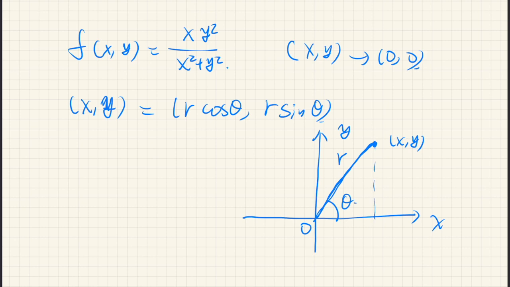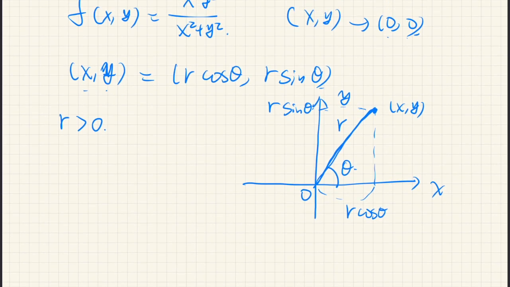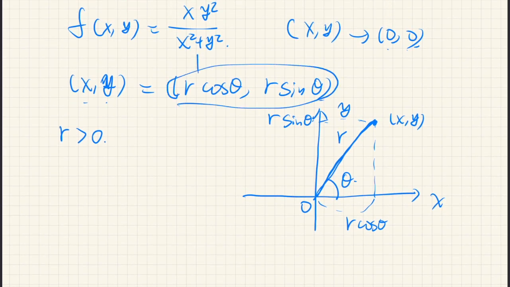Okay, so this x coordinate is r cosine theta, and this y coordinate is r sine theta. And this is the polar coordinate. And in the case of limits, x and y are not exactly equal to 0 and 0, so we may assume that r is always positive.